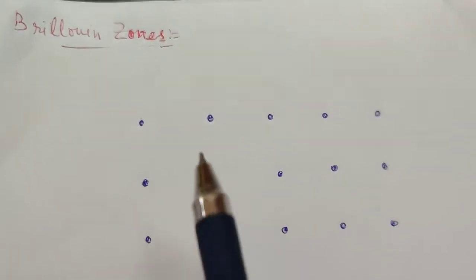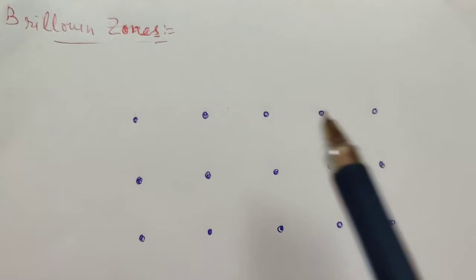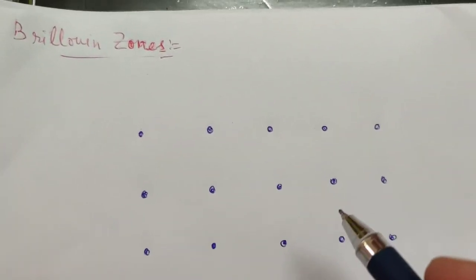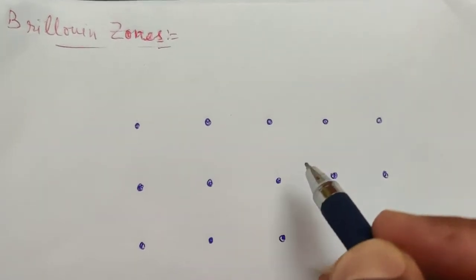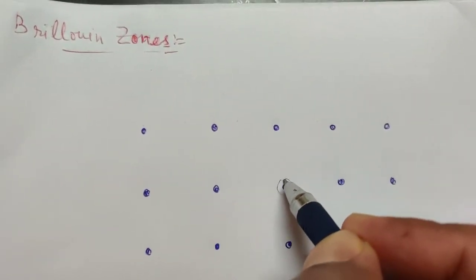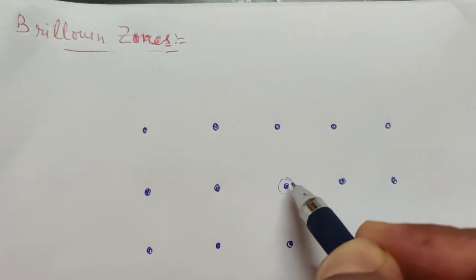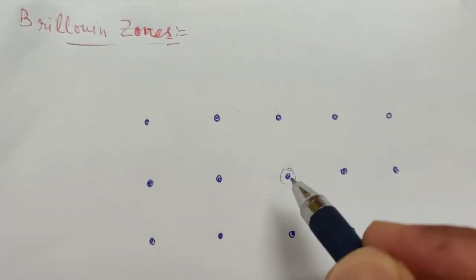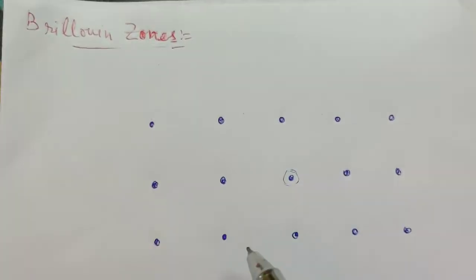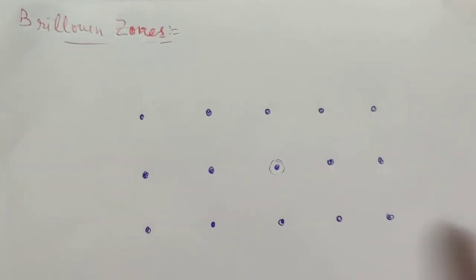So if I consider a direct lattice, a real plane, real space, to construct your Wigner-Seitz cell, I will consider a lattice point. I am considering this lattice point. From this lattice point, I will draw the line to your nearby lattice points, which are nearest neighbors.